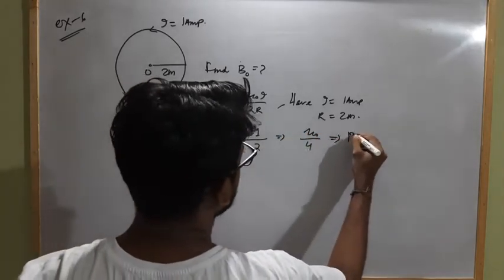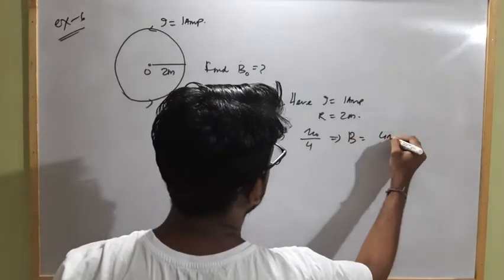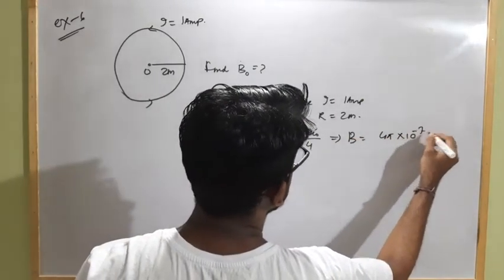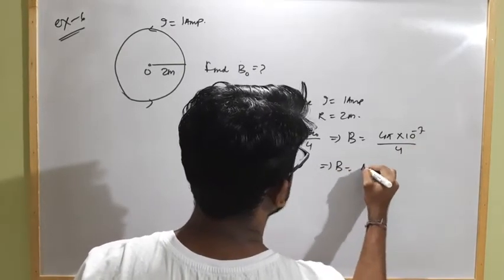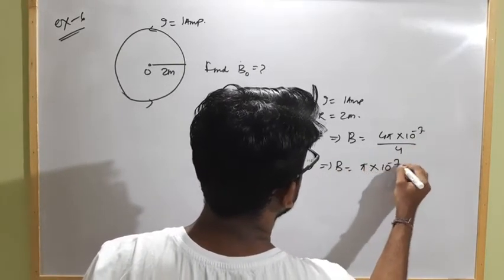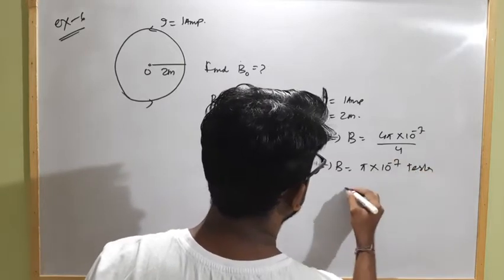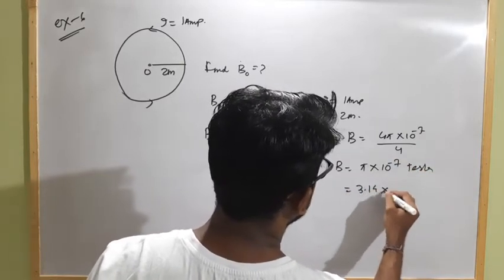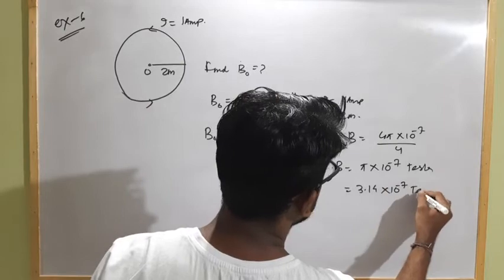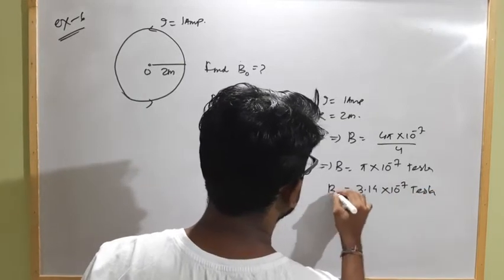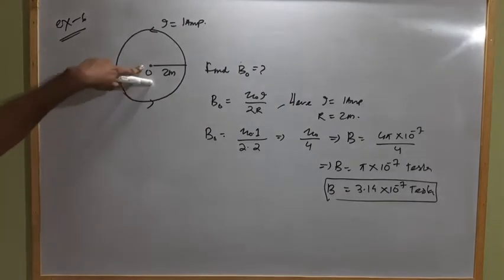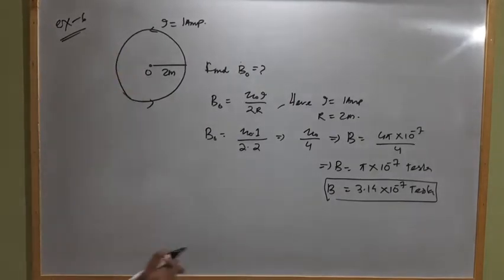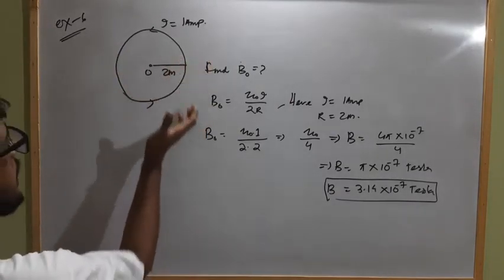We know the value of mu naught equal to 4 pi into 10 to the minus 7. So B will become pi into 10 to the minus 7 Tesla, or taking the value of pi as 3.14, it is 3.14 into 10 to the minus 7 Tesla. This is the expression for magnetic field strength at the center of this current carrying circular coil, and its direction will be according to the right hand thumb rule.